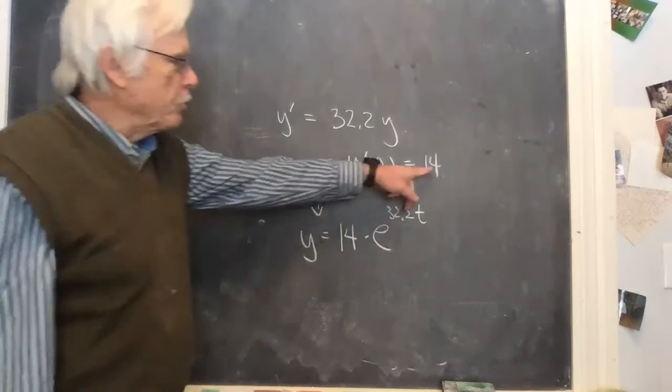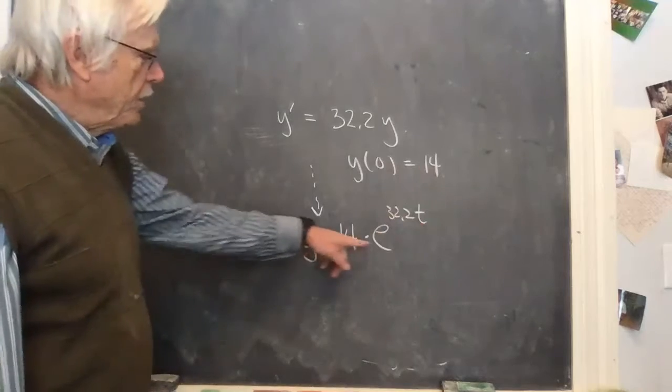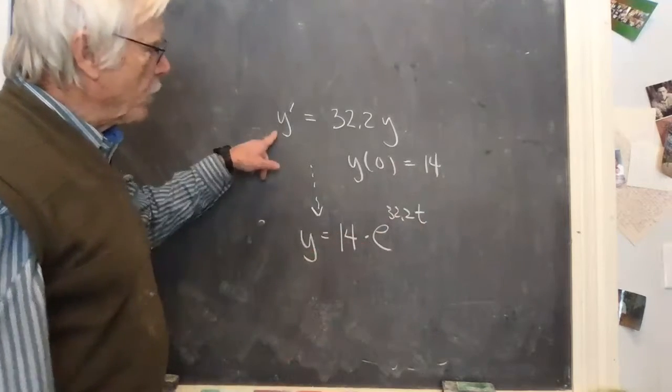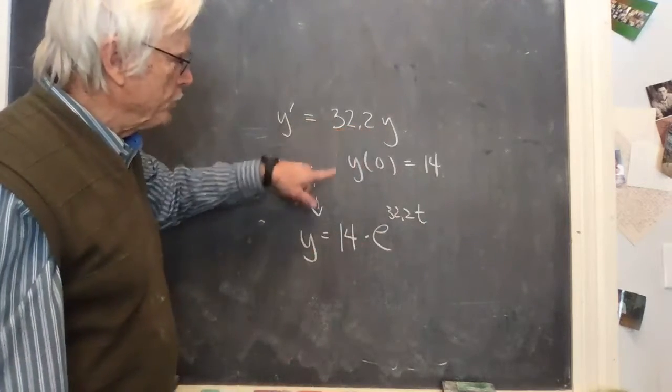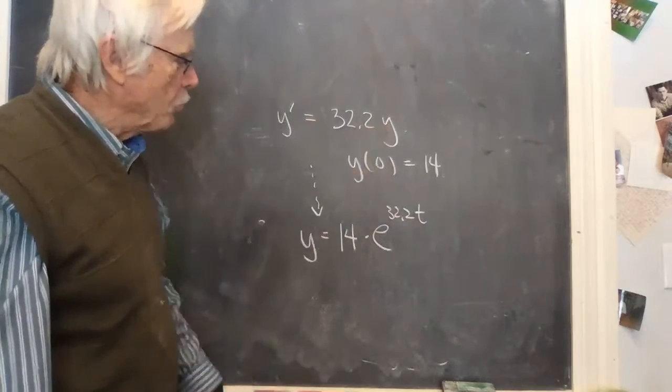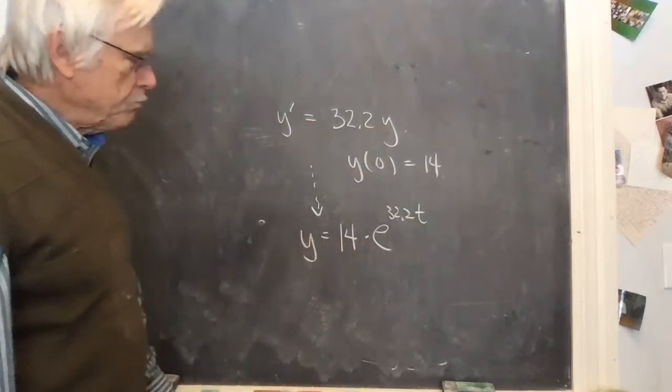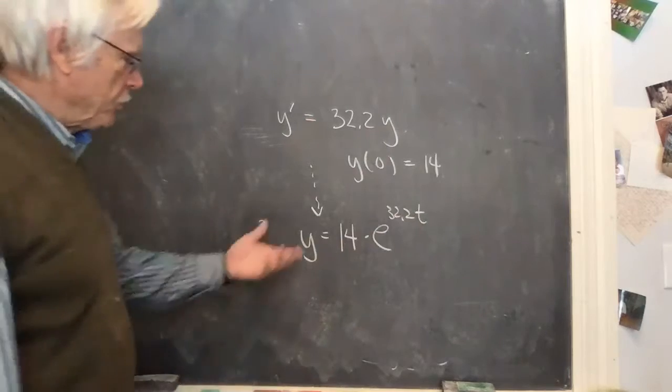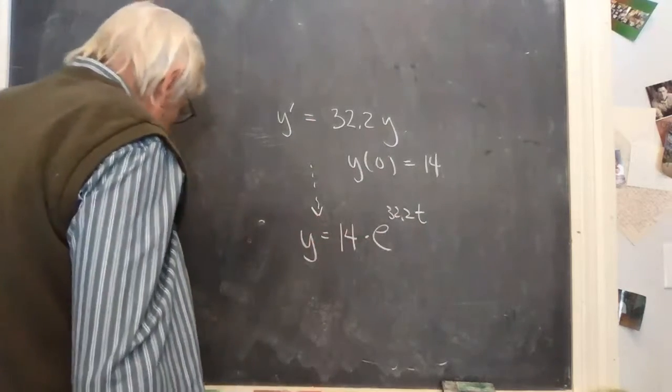Even though you only start with 14 individuals, if the rate of change is this proportional, 32.2 times y, growth is remarkably fast. This is hugely fast.